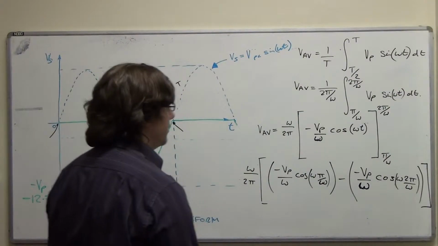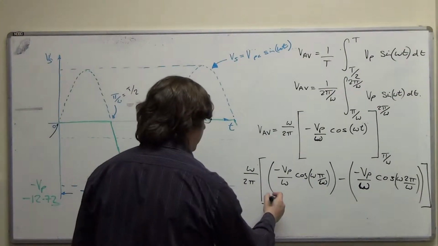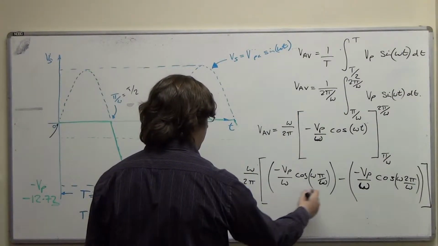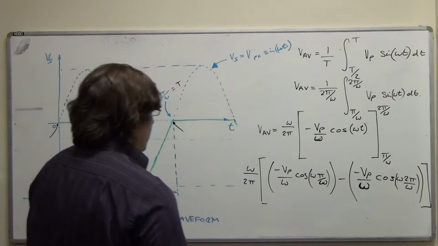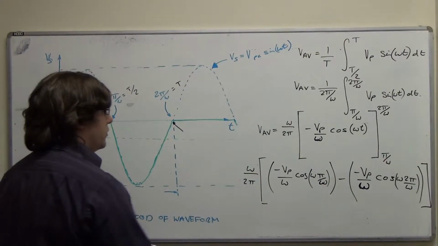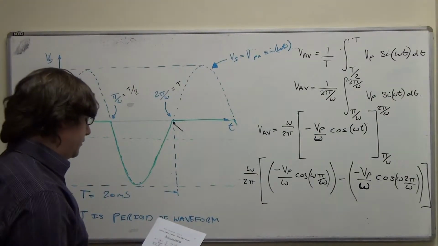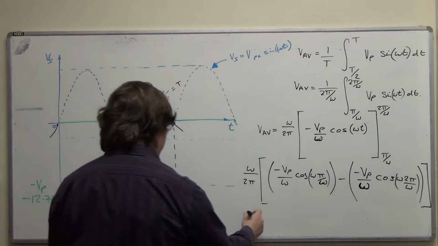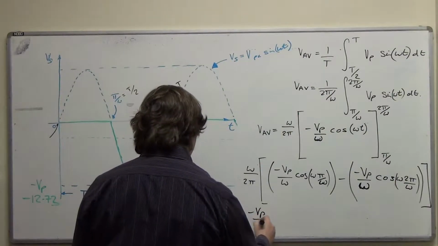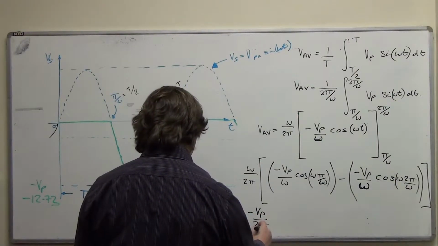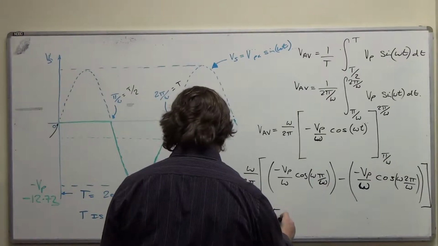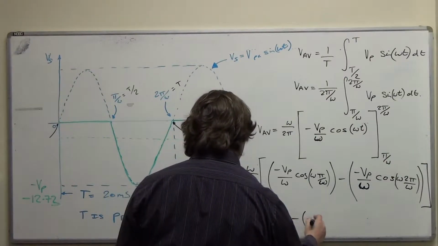So that's what you're actually doing, and all this bit will boil down to 1, and all this bit will boil down to minus 1, which is how you arrive at the line below, which was minus Vp upon 2 pi, 1 minus brackets minus 1.